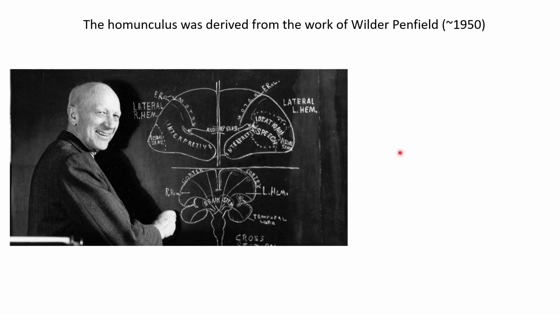So Wilder Penfield was working with epilepsy patients, and epilepsy is a very serious disorder in which the whole body gets epileptic seizures, and that is because of overactivity in some part of the brain. There are some medicines that are used to treat epilepsy, but if the problem becomes very severe, then the last resort is to take out that part of the brain which is causing the epilepsy.